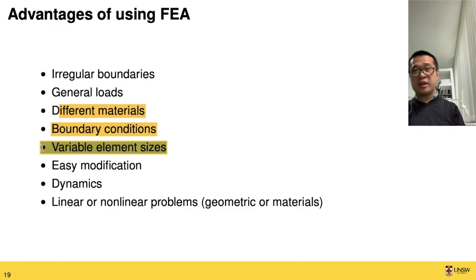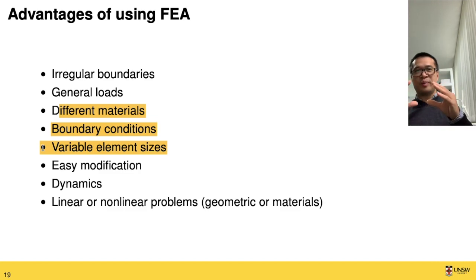It also gives you the ability to choose a variable element size. You can choose coarser or bigger elements, which give you fewer equations and allow you to solve them much faster to get a general overview of how the system will behave. Once you have some general idea, you can start to refine the elements, using smaller and smaller elements to get a detailed understanding, especially at the part where the structure is suffering a lot of loading and will potentially collapse.